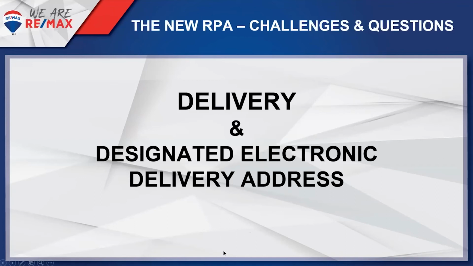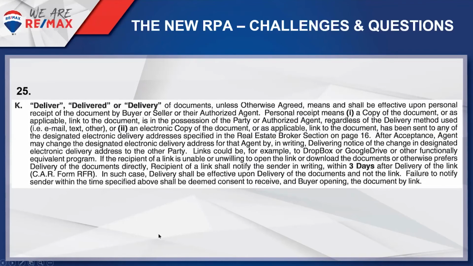Almost done here. We'll wrap it up pretty quickly. Delivery in the designated electronic delivery address. There's going to be a new form coming out that's going to help agents get the designated electronic delivery address when there isn't one provided.